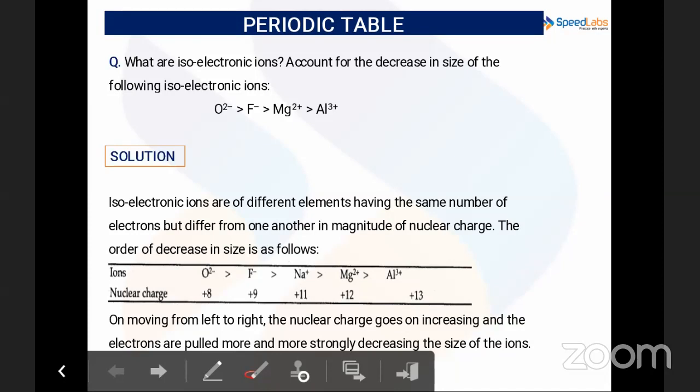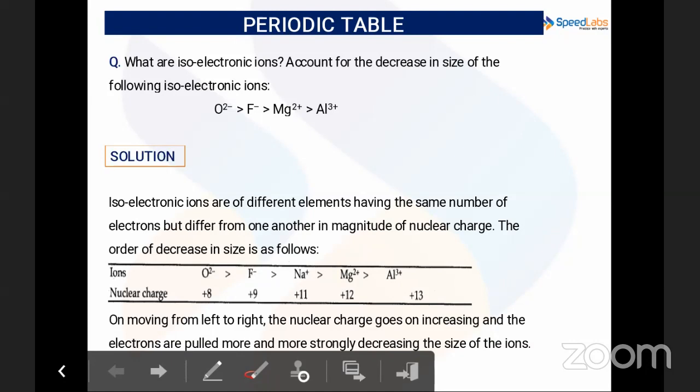Isoelectronic refers to two atoms, ions, or molecules that have the same electronic structure and the same number of valence electrons. So if we talk about the particular ions: neon, sodium ion, magnesium ion, aluminum ion.